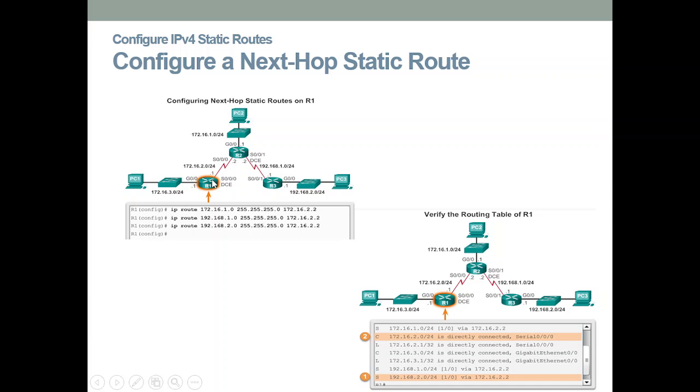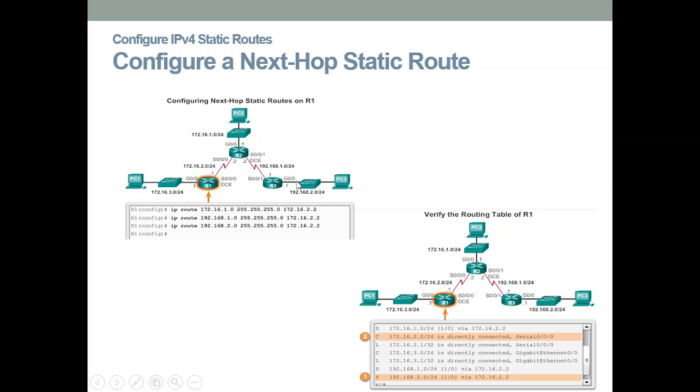So if you look at router 1, let's identify the remote networks. The first remote network is this. Remember I told you, you count the cables. This is 1. We have another one here, this is 2. And we have also another one here, this is 3.